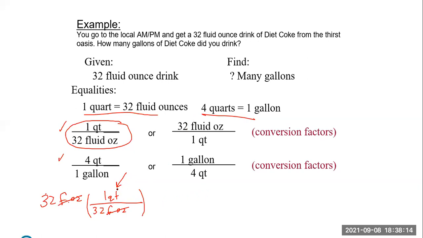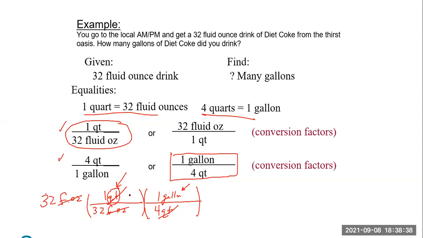But here I do see by writing it the dimensional analysis way, my quarts are on top, which tells me to fix that. I need to get rid of the quarts by putting them on the bottom. That would be my conversion factor there on the right. Our quarts now will be divided out, leaving us just gallons on top, which is good.